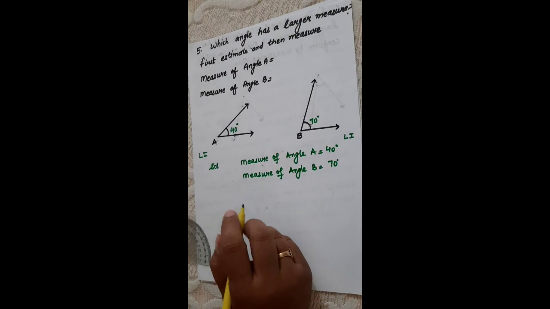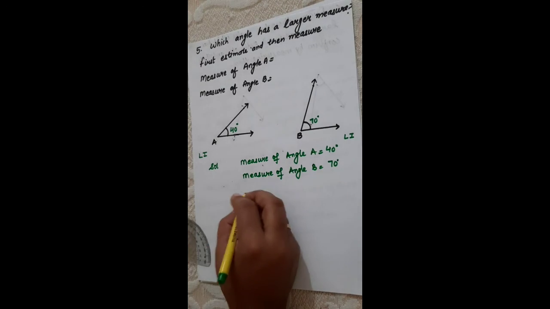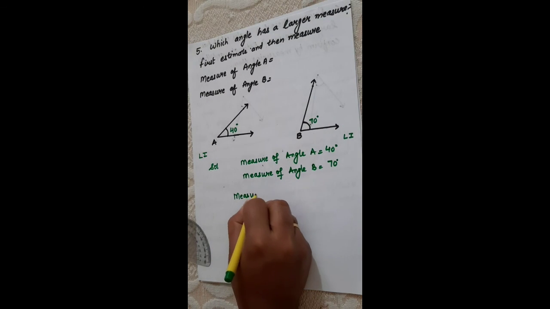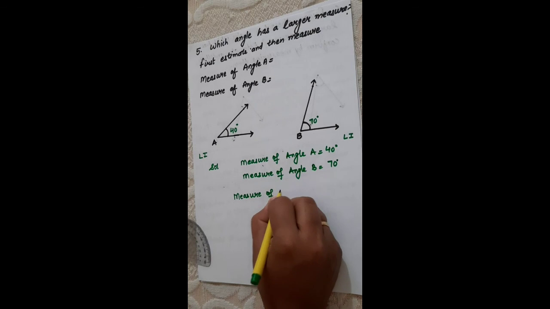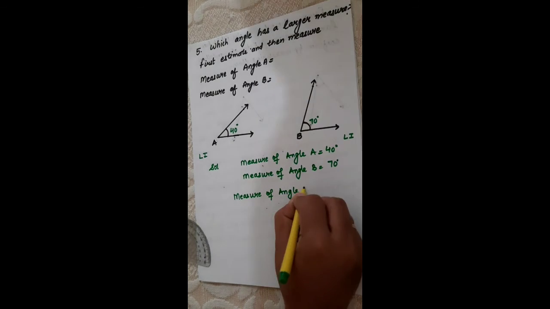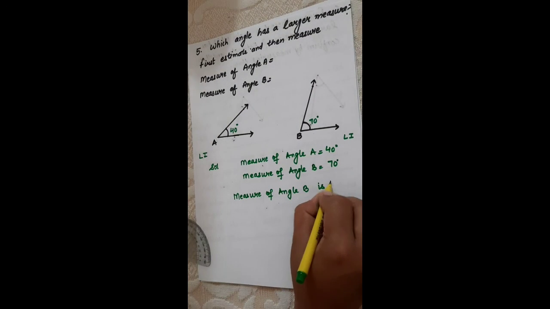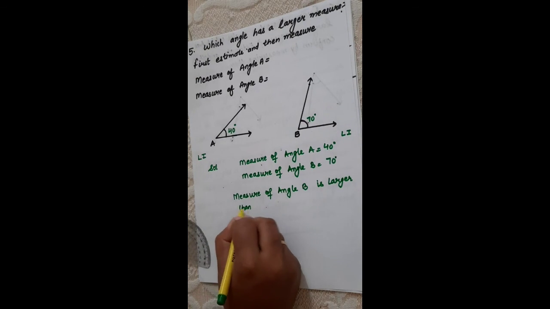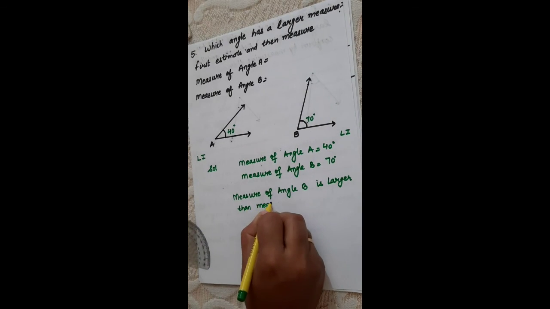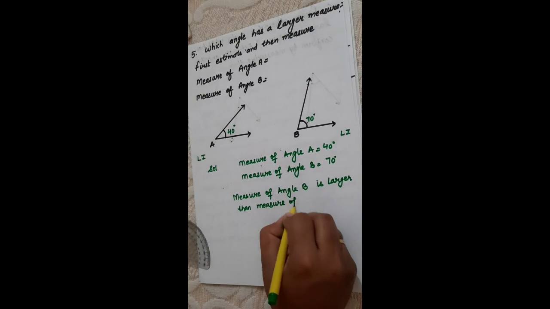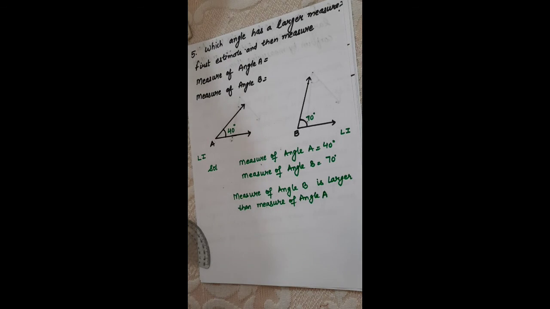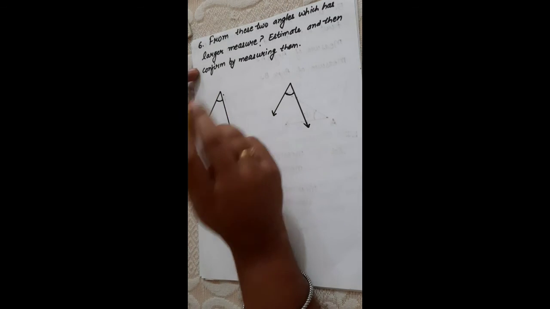Which angle has larger measure? That is angle B. So I will write measure of angle B is larger than measure of angle A.